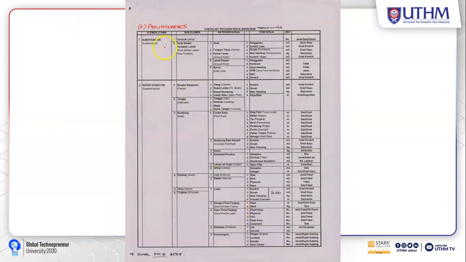In this tabulation, you will notice that we have the major element, the sub element, the work category, the work item, the unit, and some necessary remarks here.